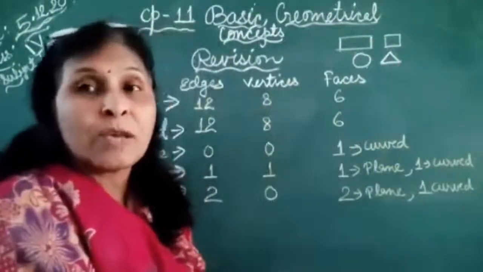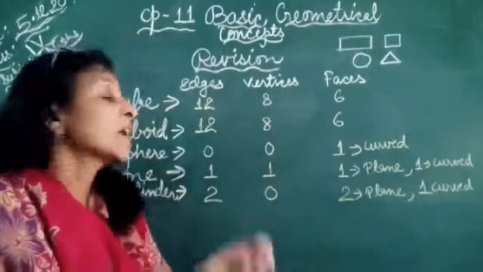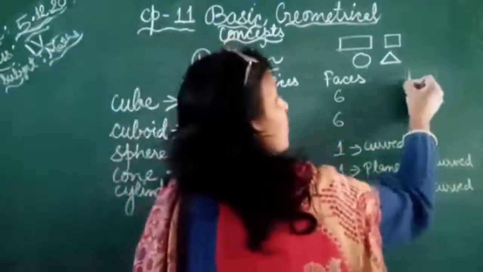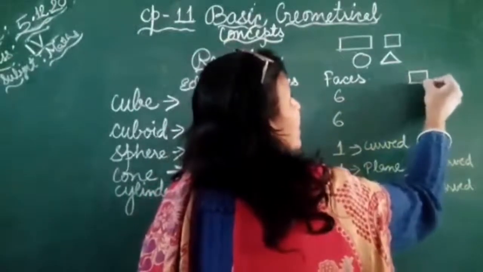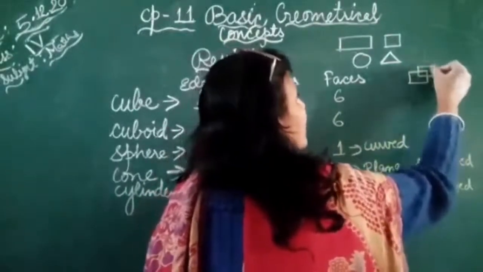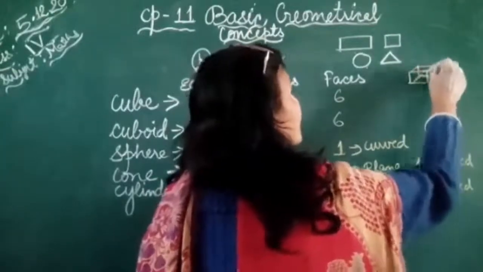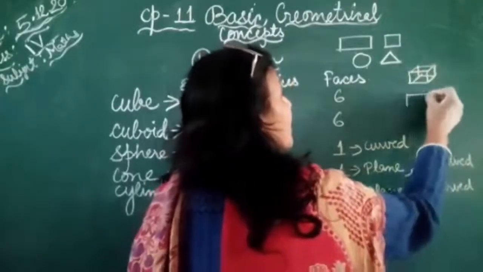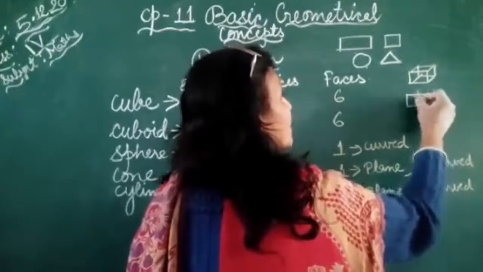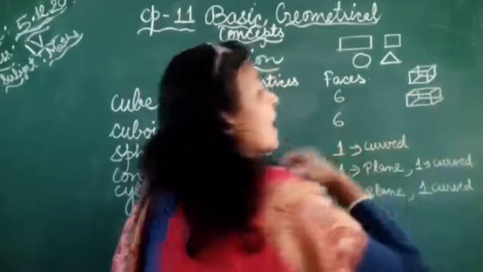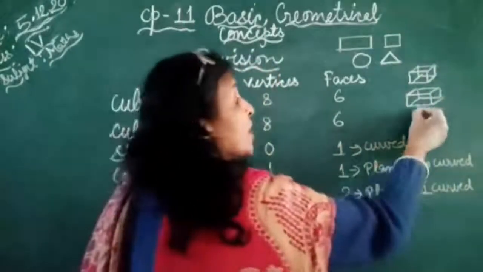The next shape is the solid shapes. In solid shapes comes the cube. This type of shape is cube. And this is a cuboid. The figure of cuboid is like this. Then sphere.